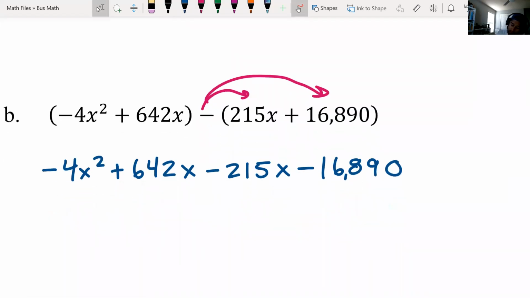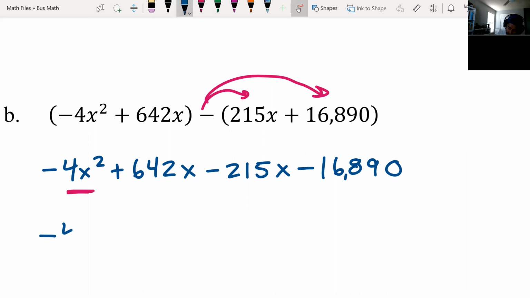Okay. And again, all we have to do here after we distribute the negative is combine like terms. So there are no other x squareds around. So that's what we'll start off with. And then we look for the x terms.